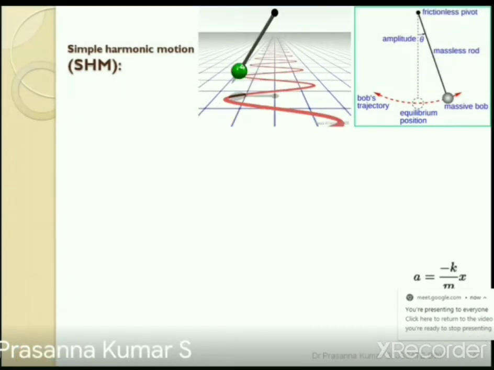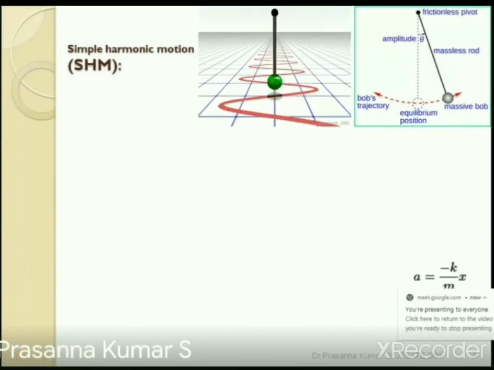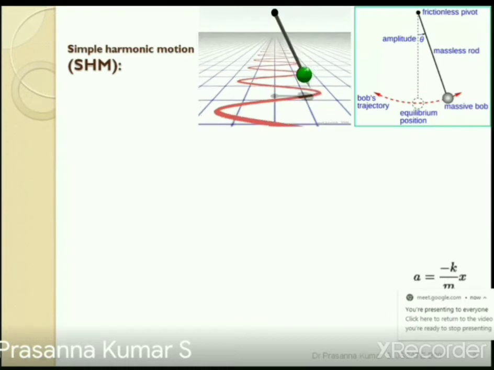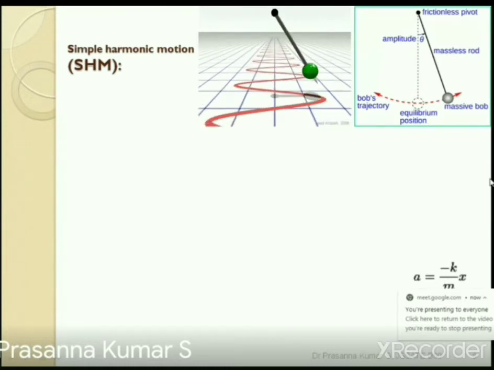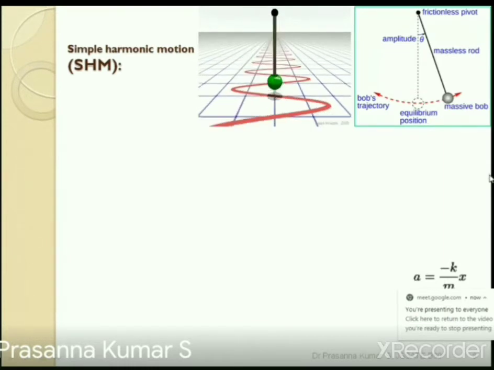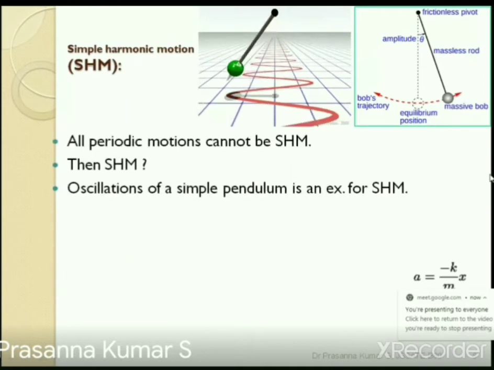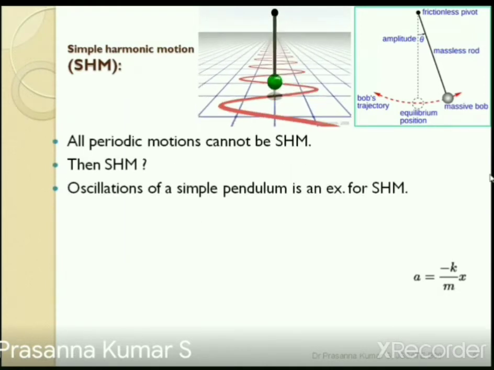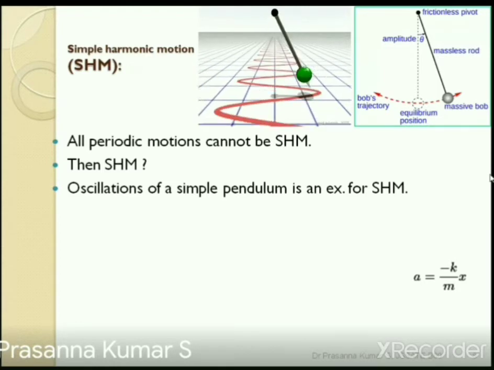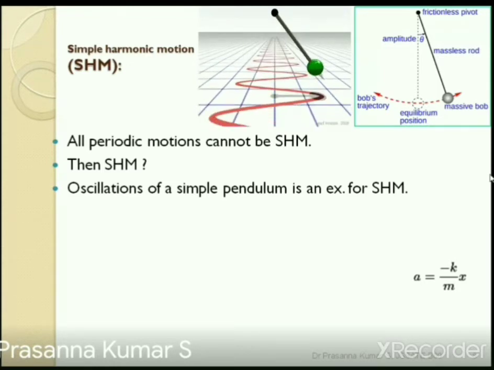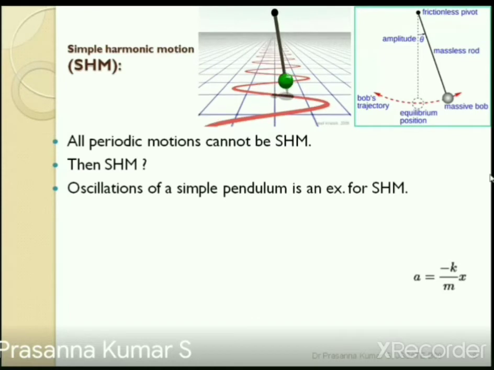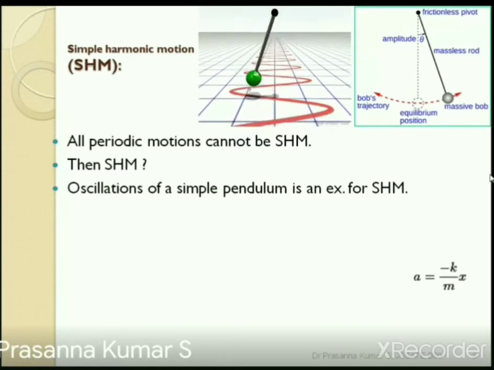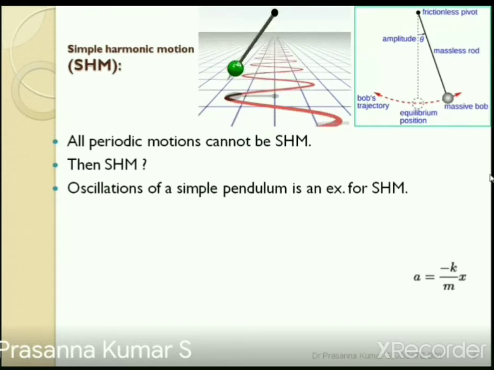We are trying to understand the simple harmonic motion. You have understood that all periodic motions cannot be simple harmonic motion. Then what do you mean by simple harmonic motion? The example is given here, the oscillations of a simple pendulum.